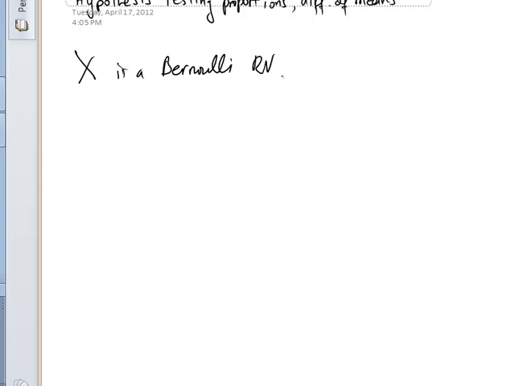And what we want to test is the probability of success, which is the probability that X takes the value 1. So this is what our test is about. And the hypothesis would be the following.